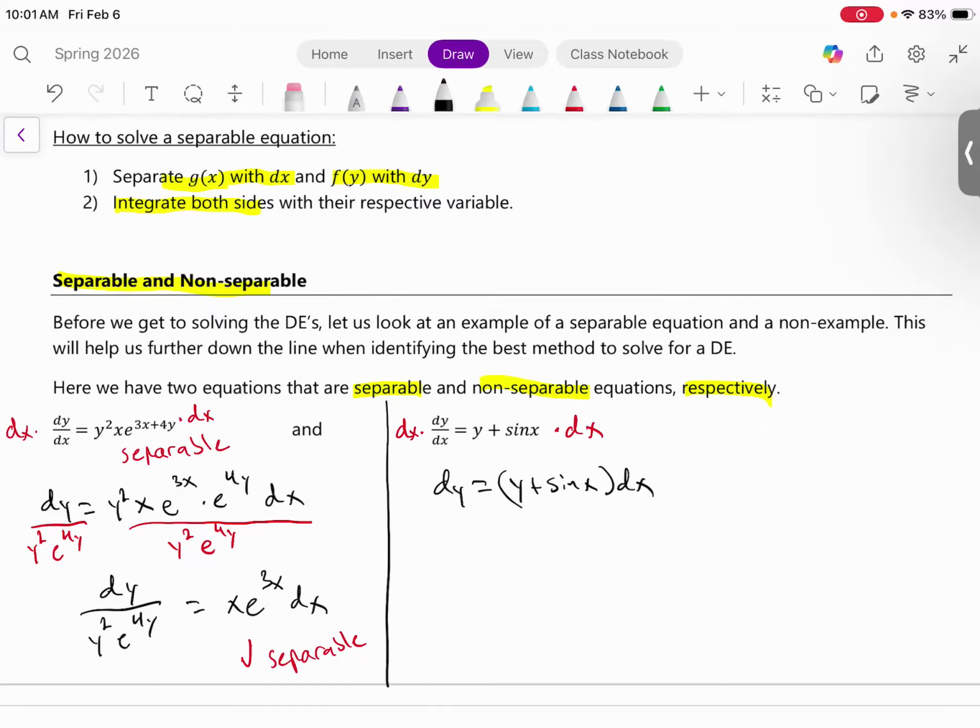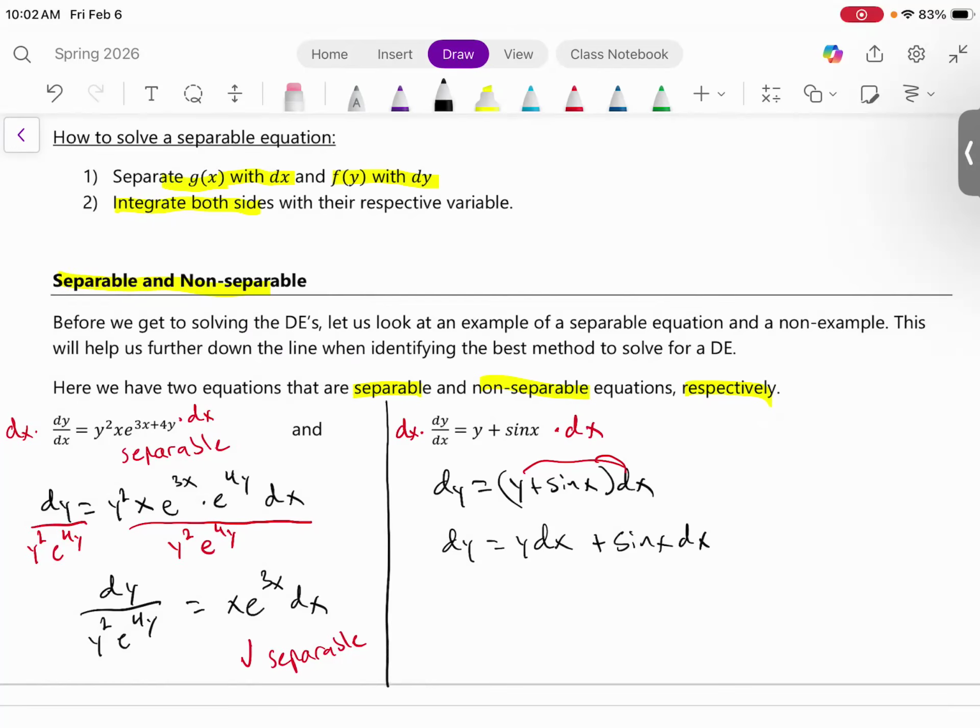What else can I do? Maybe I could distribute it in. Let's see if that will do anything. dy equals y dx plus sine x dx. Still, we can't integrate yet. Not everything is in terms of y or x respectively on either side.